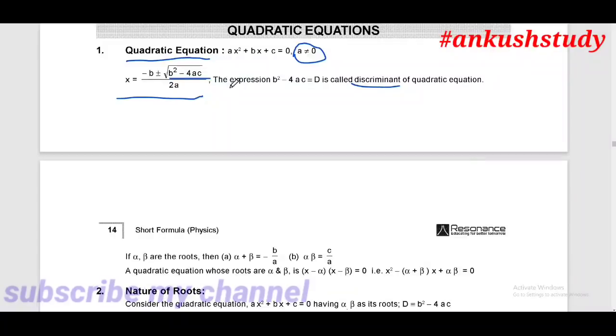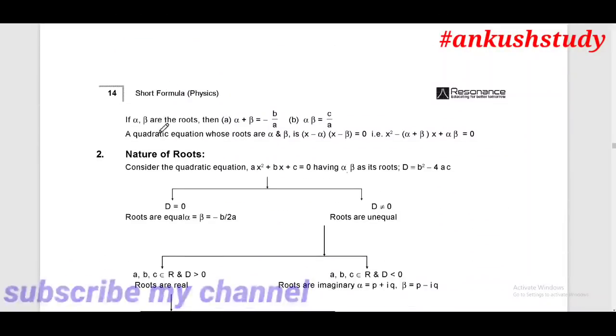Let's move on. The expression x is equal to minus b plus minus under the root b square minus 4ac upon 2a. The expression b square minus 4ac is equal to D, which is called the discriminant of a quadratic equation. If alpha, beta are the roots, then alpha plus beta is equal to minus b upon a, and alpha into beta is equal to c upon a.